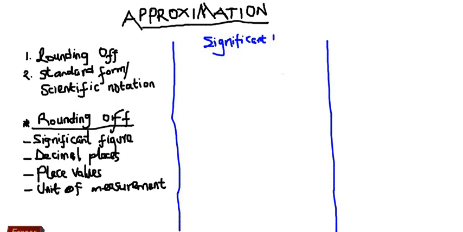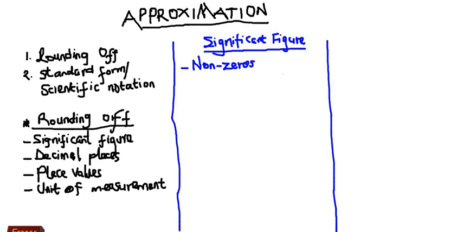Now, we know what the word significant means. Significant simply means important. So when we say significant figures, we are simply talking about important figures. In general, the digits that we use are all considered significant or important, except one digit whose significance depends on its position.